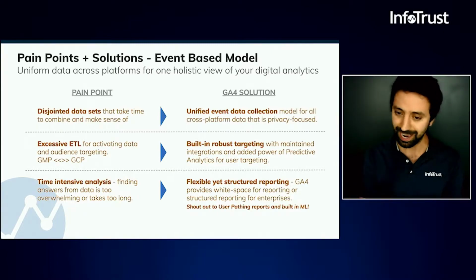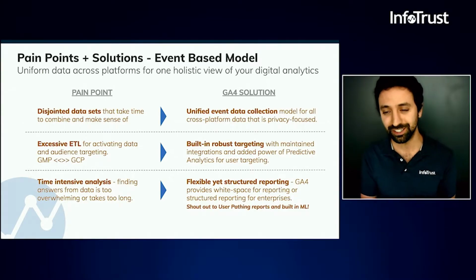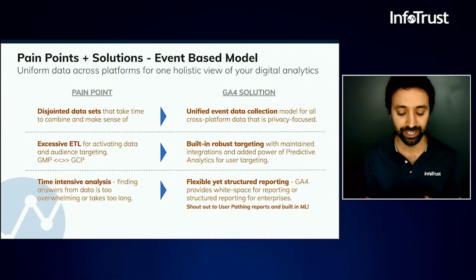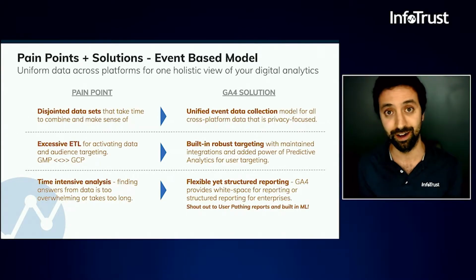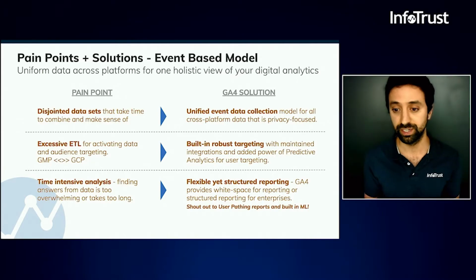that we know. I do have a small bolded bullet there to shout out to user pathing reports. This has been a big ask for a long time, and though Universal Analytics has some, and other tools have some user pathing reports, GA4 has really crisp, clean ones that are really designed to help marketers understand navigation of customers on their websites and apps.